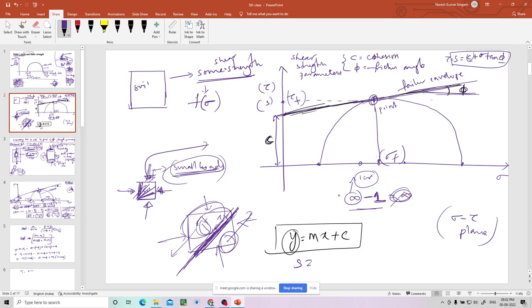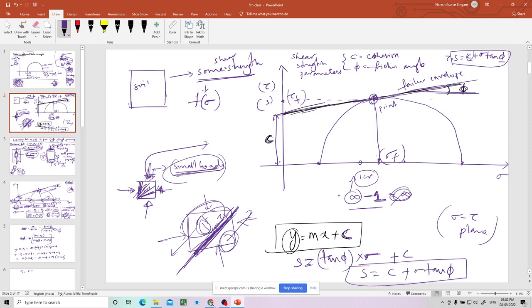And what is m? If the angle is phi, tan phi, the slope. What is x here? Sigma. What is the constant here? Intercept, cohesion. s equals c plus sigma tan phi. This is the shear strength formula.